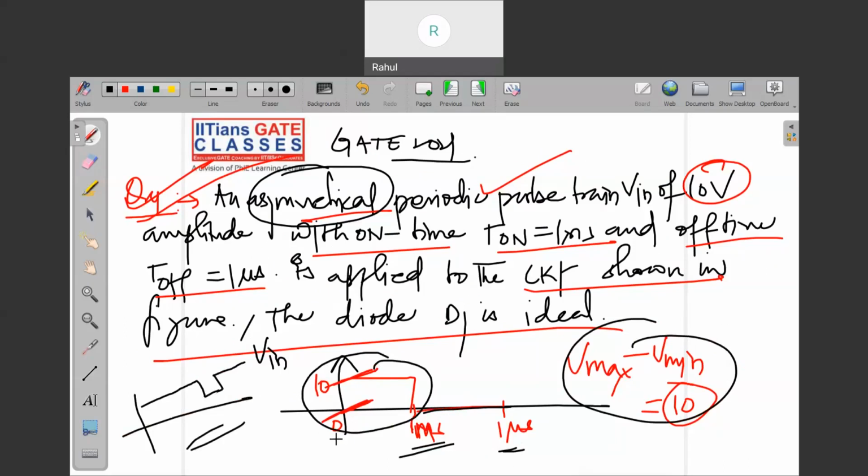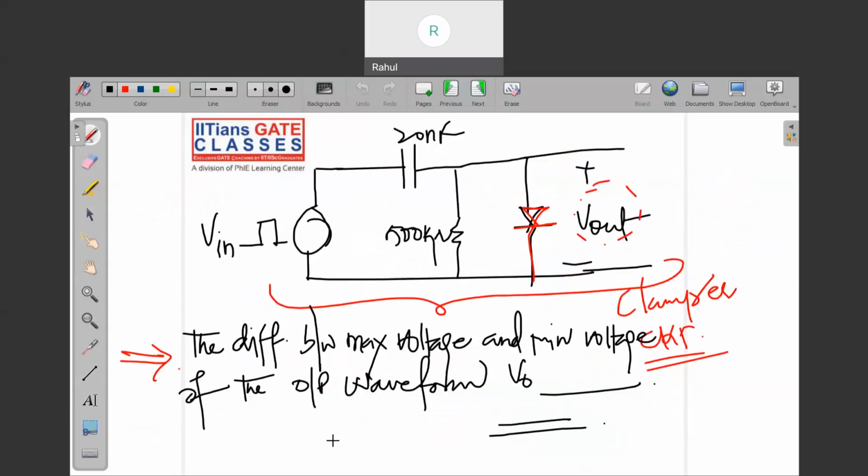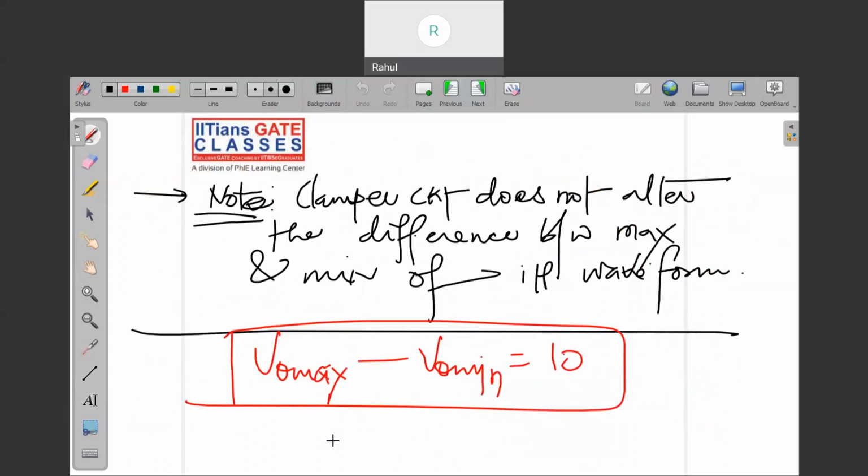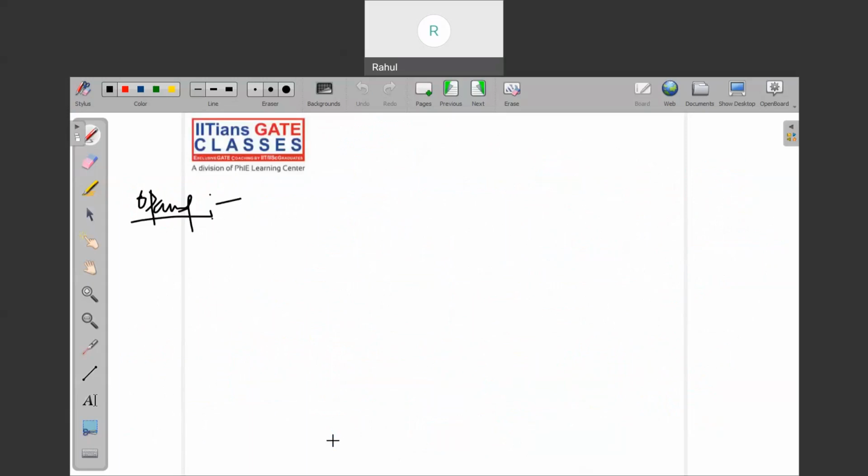But there is no need to focus on the shape of the waveform, because they are asking the answer based on amplitudes, right? So nothing to worry about regarding how to draw the waveforms, just to get the answer correctly. Remember, peak to peak voltage will never change if you pass your input waveform through the clamper circuit.